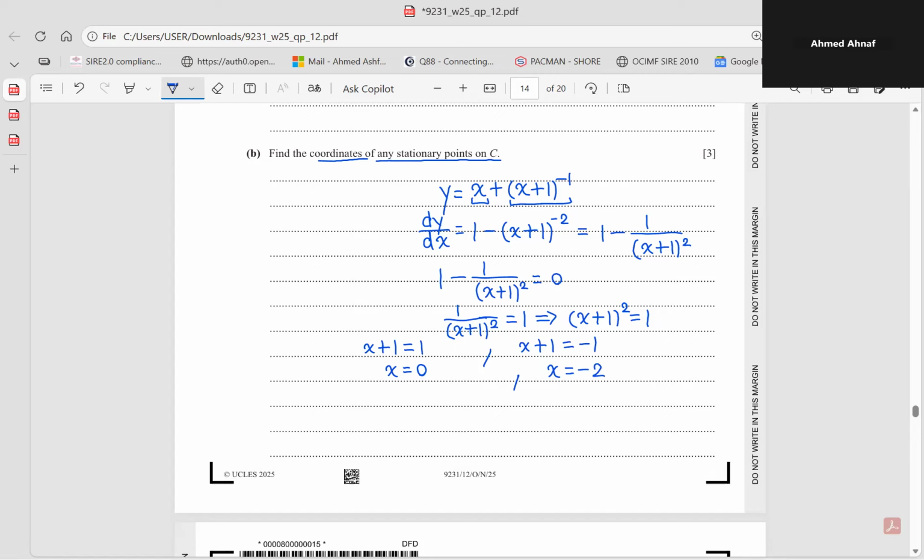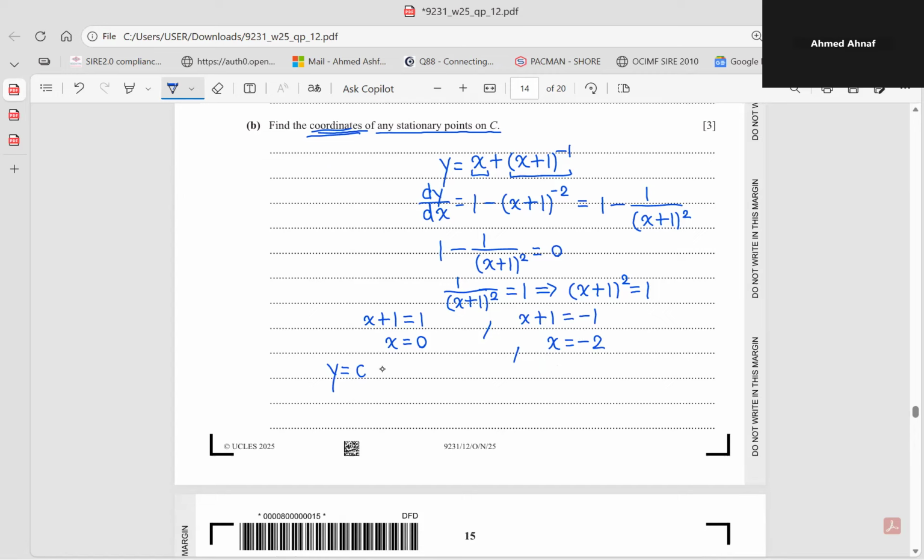But they ask for the coordinates, so we also have to find the corresponding y values. So y is going to be 0 plus 1 over 0 plus 1, so that's just 1. And this is going to be negative 2 plus 1 over negative 2 plus 1, so negative 2 plus 1 over negative 1.